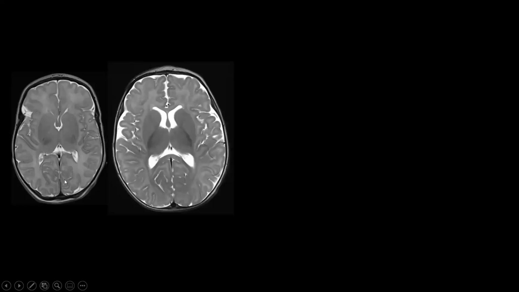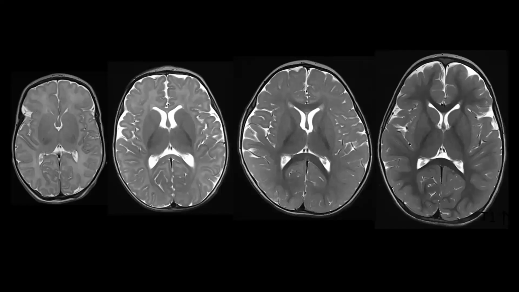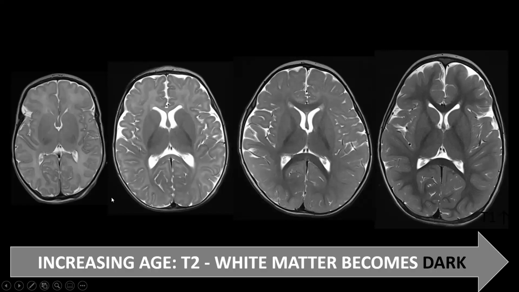We start with the T2 weighted images in a newborn child, and white matter is hyperintense and gradually becomes more and more dark or more and more hypointense over the course of 1 to 2 years until we end up with a brain that looks, when it comes to the signal of white matter, almost indistinguishable from that of an adult patient. So to summarize, during the first 2 years of life, white matter gradually becomes more and more dark or more and more hypointense on T2 weighted images.